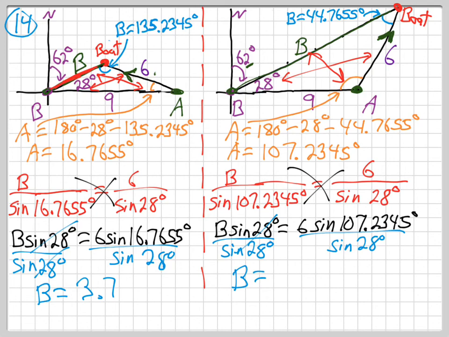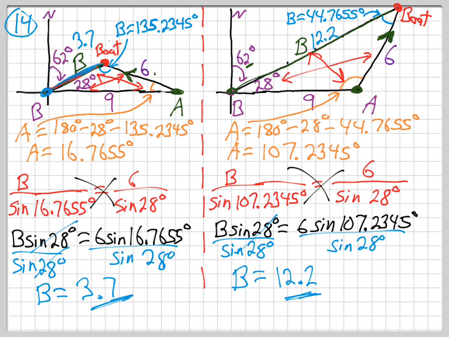Make sure you're in degree mode. I'm getting 12.2. There's the two answers that are possible for B. B could be a big 12.2 or B could be a tinier 3.7. That's how far the boat is from point B.